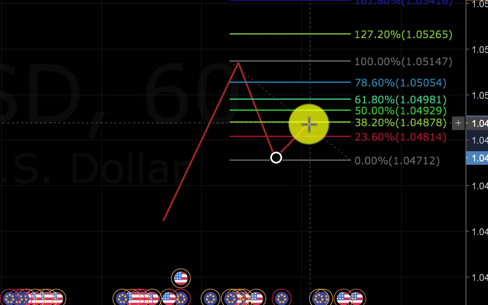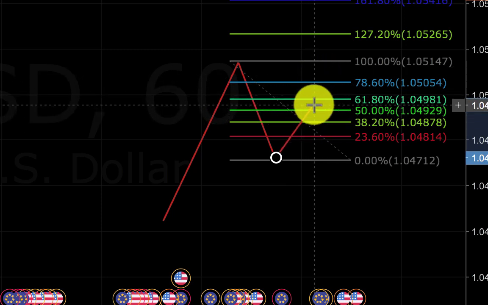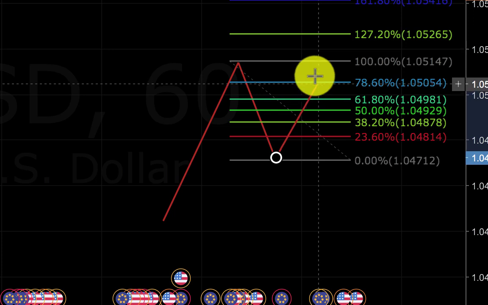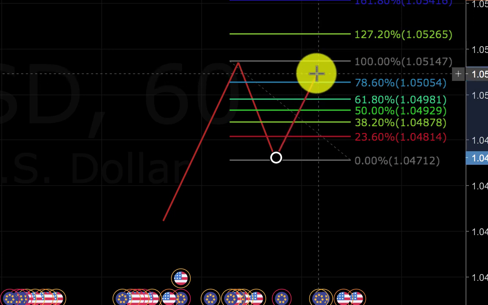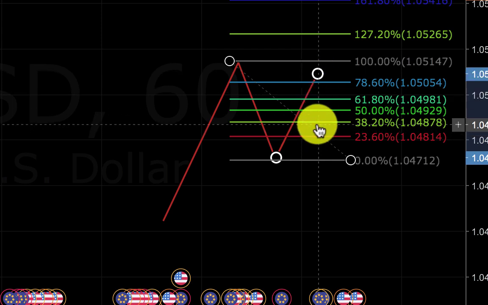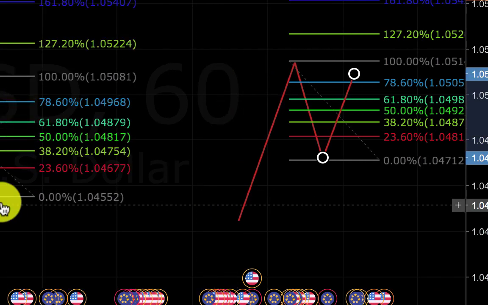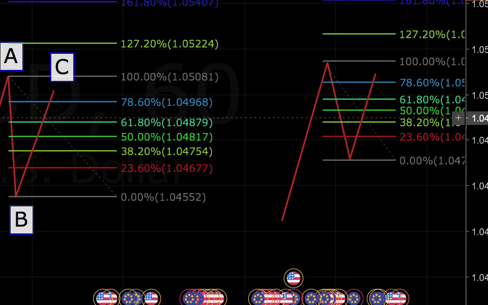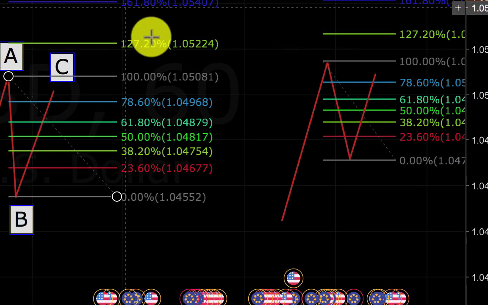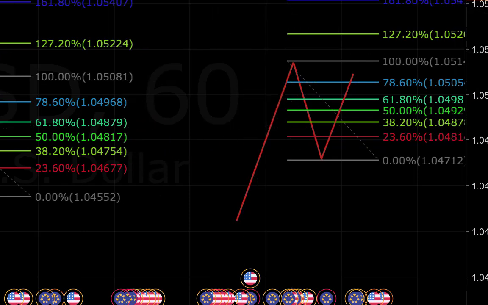So it could be here, it could be here, it could be here, or the maximum will be on 88, the minimum will be 38. And that goes for all the patterns. Okay? So now we got the ABC, ABC, ABC.